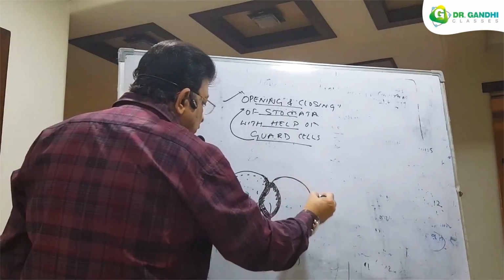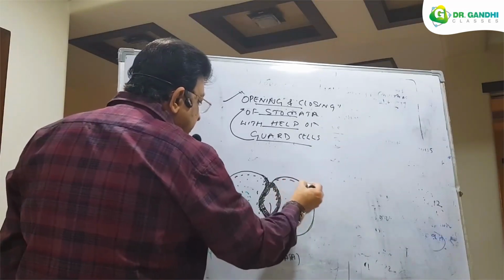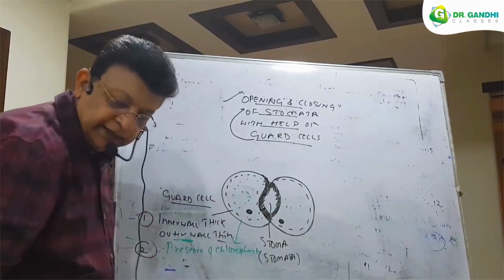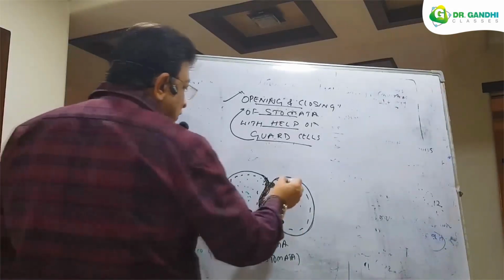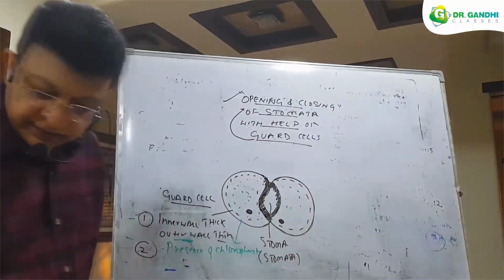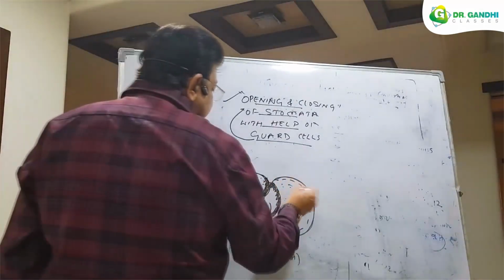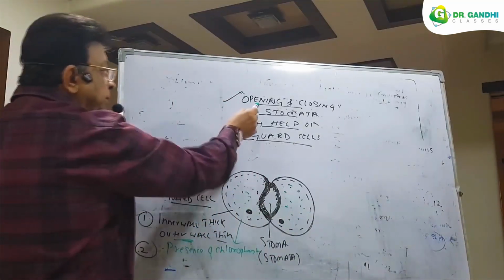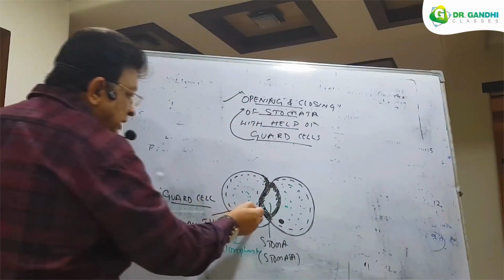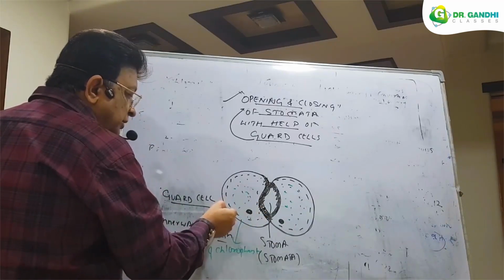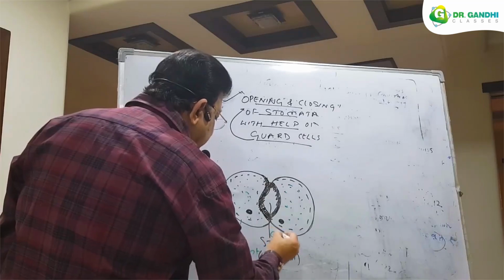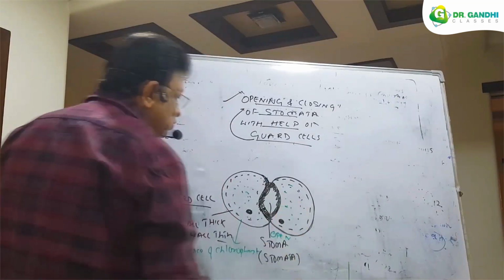The outer wall is thin. This then is the cell membrane. This then is the nucleus. And this then is the presence of chloroplast. So now the two features which are going to make it possible for a guard cell to open and close the stomata are inner thick wall, outer thin wall, presence of chloroplast. At the moment you have a diagram of an open stoma.